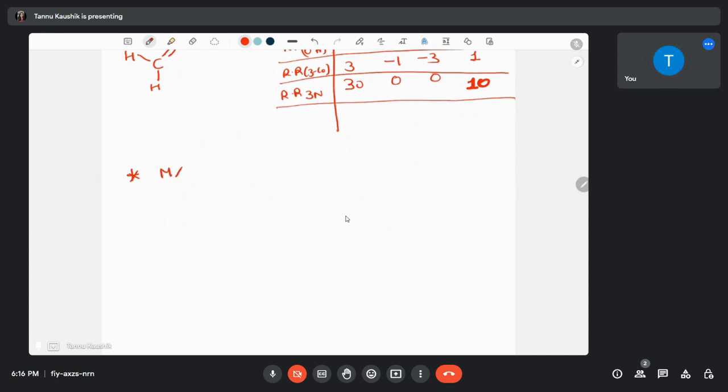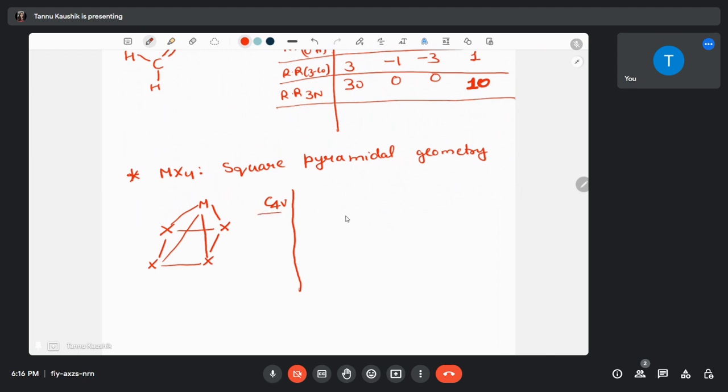If you take an MX4 type of molecule with square pyramidal geometry, it has C4v point group.